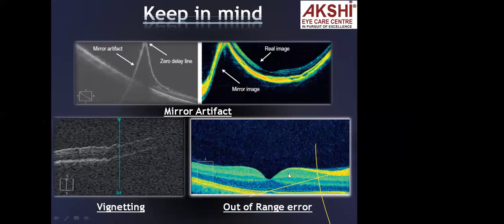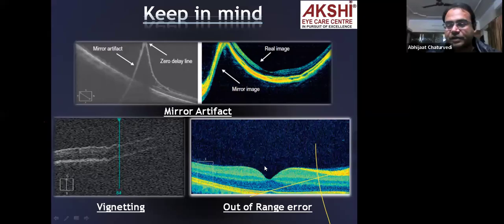Now, this image is again not a very good image because it has an out of range error. This part of the scan is all right because you can see all the layers, including the choroid. However, when you reach here, the RPE-Bruch's complex, and beyond that, when you go into the choroid and the sclera, you cannot see. So this is out of range. If there's some pathology here, you won't be able to record it. So avoid this.